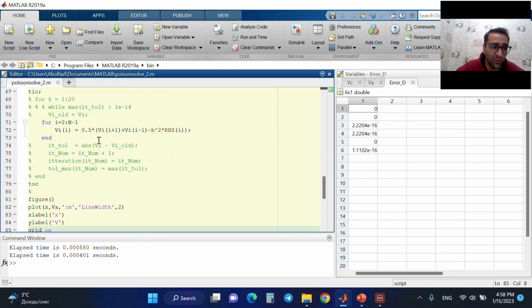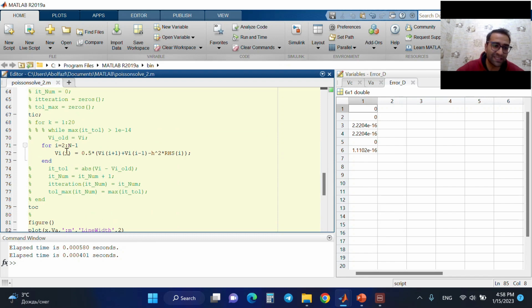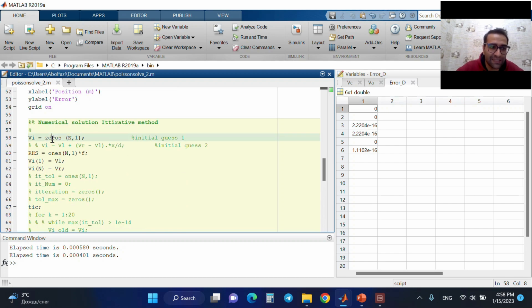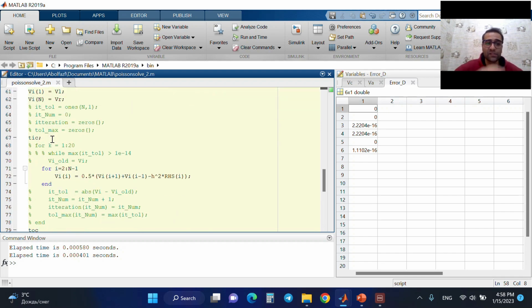But we do not use iteration here. We just calculate value of v at each point based on this initial guess that we assume that this is 0, right? But this initial guess is not true. This is just a guess. We need to use iteration and make the solution closer and closer to the real value.